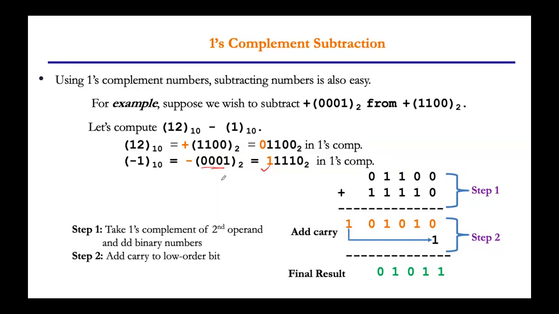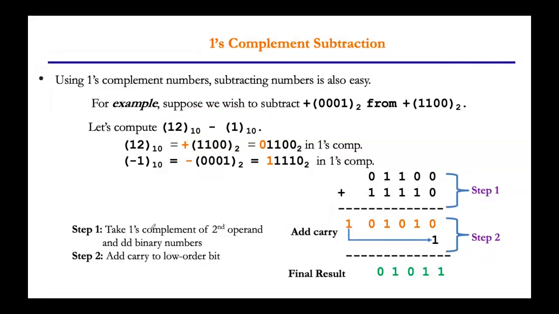To represent this, you need to do the ones complement, that is, invert all the bits. So 0 becomes 1, 0 becomes 1, 0 becomes 1, 1 becomes 0, and the minus is represented with the 1 bit. That is the negative number's ones complement representation.